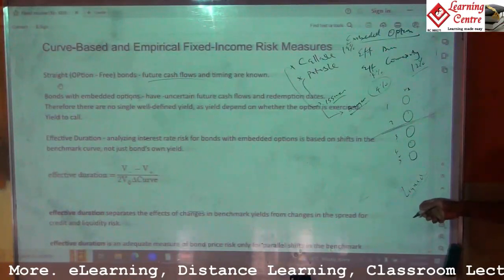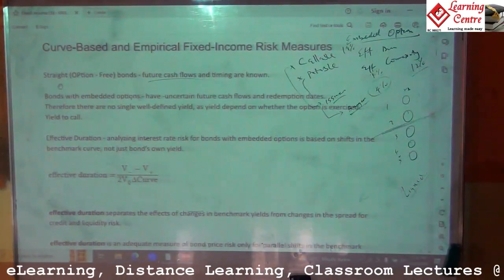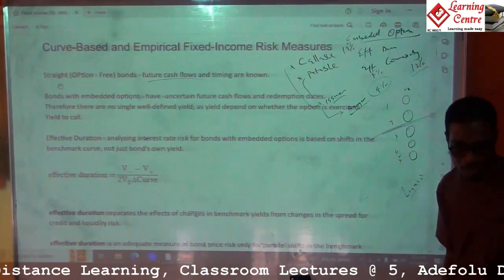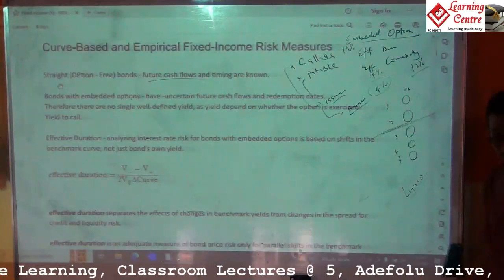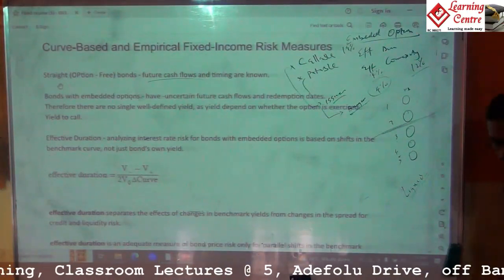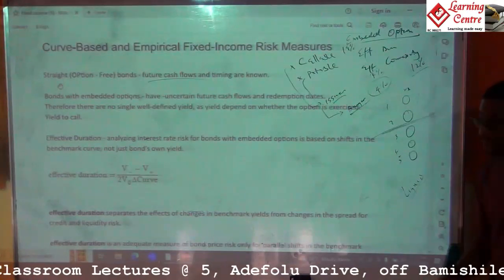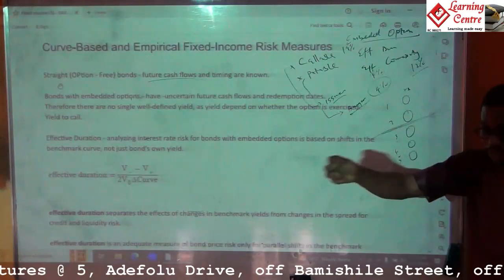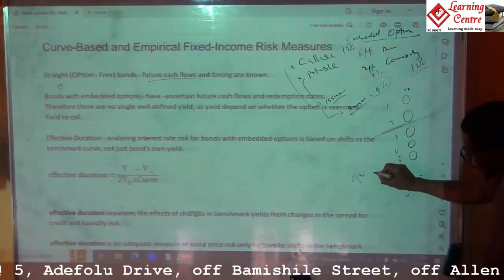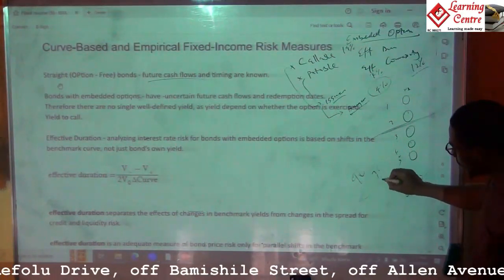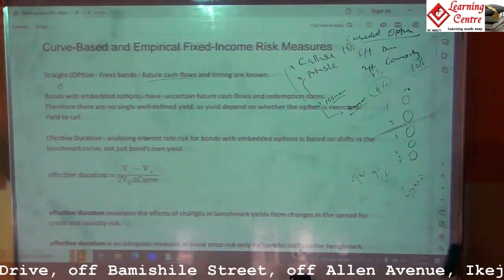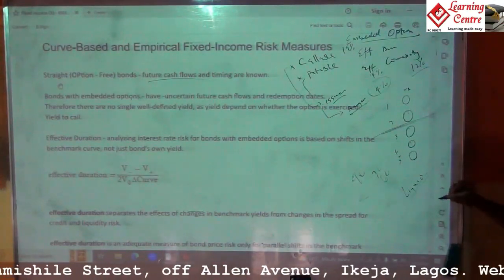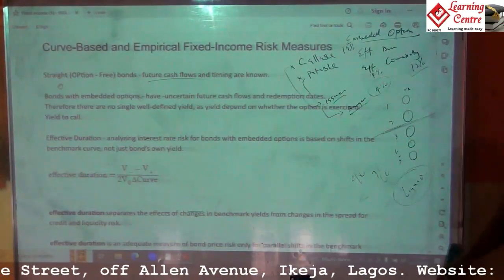If you look at the FMDQ, bonds are listed, like state bonds, the Lagos State bond. But that doesn't mean that tomorrow, when you want to sell that Lagos State bond, there will be a buyer. Nobody will want to buy it from you, even though the fair value of that bond is below 90, because you'd have to price it at 70 or 60. That's a significant discount, and that's the liquidity of the bond; you have to consider that.